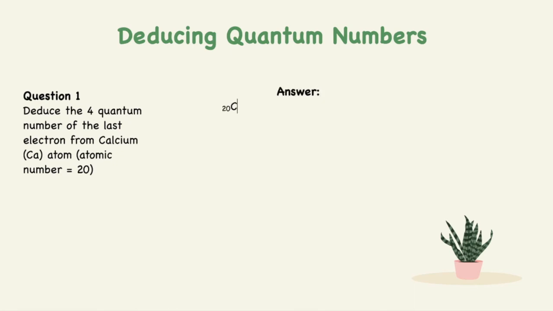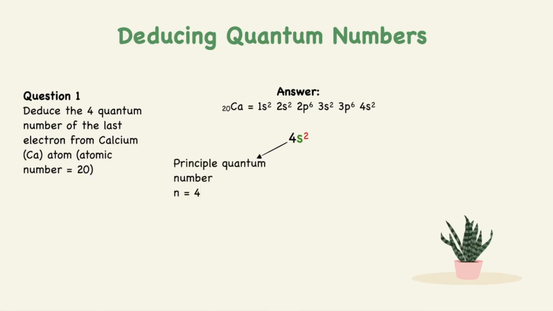Calcium contains 20 electrons. It will end in 4s2. In the 4s2, we have 4, which represents the principal quantum number n. So n is 4. And s, the subshell s, represents the angular momentum quantum number, or l. l is 0.